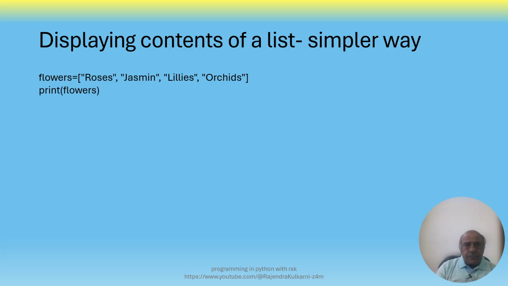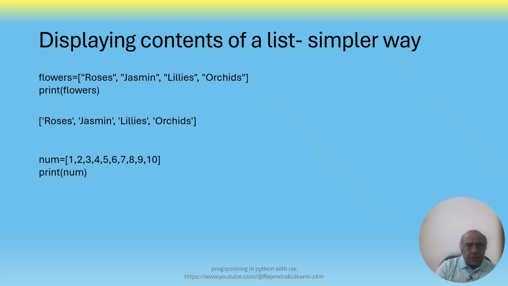A simpler way of displaying the contents of a list is just print, and in the brackets, flowers, the name of the list. This will give us the output indicating all the elements of list flowers.